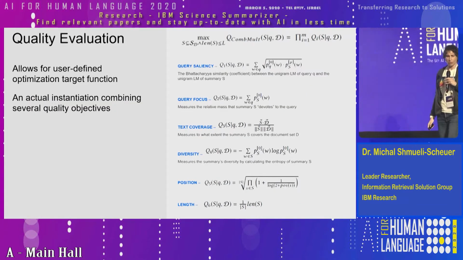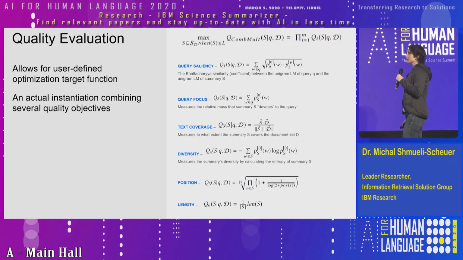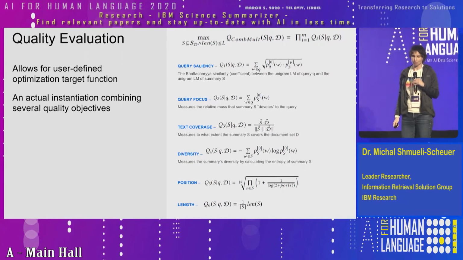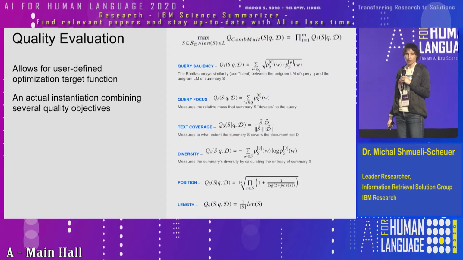Okay, so I mentioned those quality evaluations. In our case, for simplicity, we are doing a linear combination of different qualities. Just a few examples.